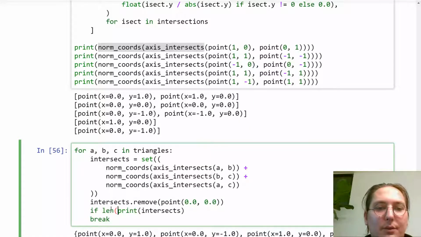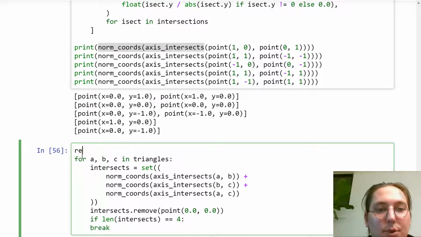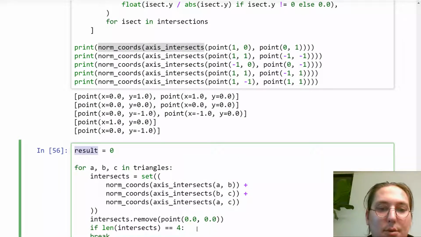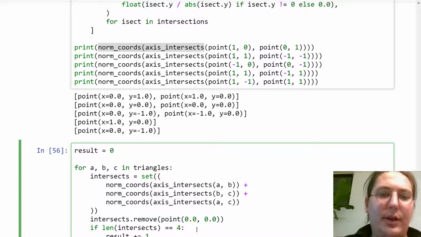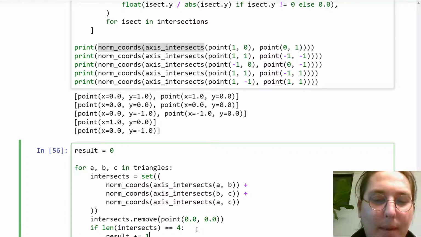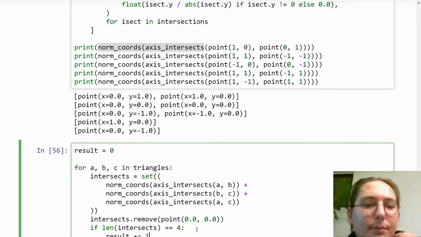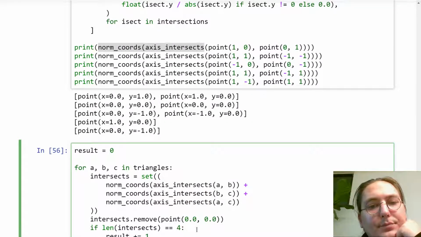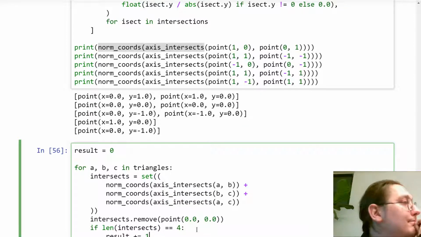If len of intersects is 4, then I guess result plus plus. So now we're counting the number of triangles which have all 4 intersects. So there is point 0, 0. The 0, 0, we currently say it's outside. If it's inside, or I don't know.